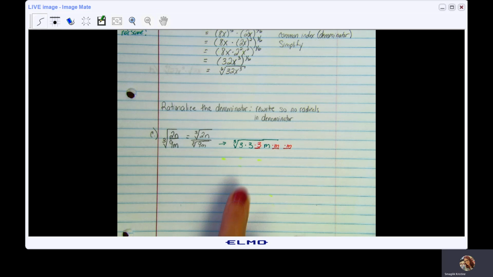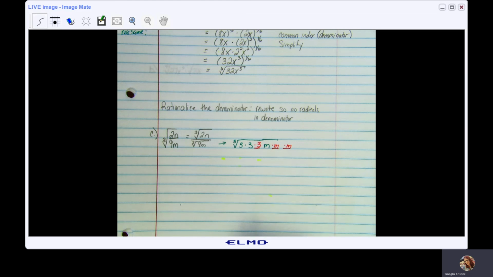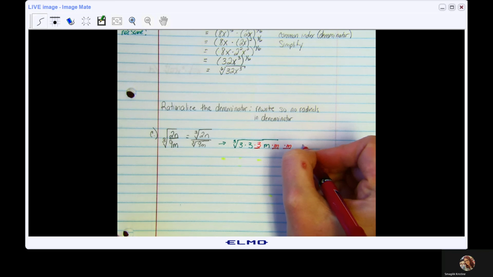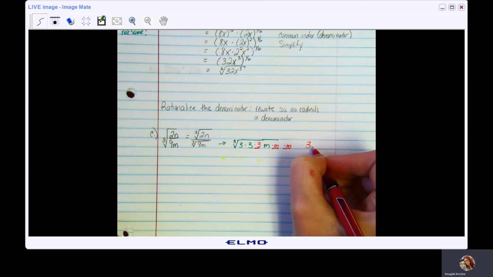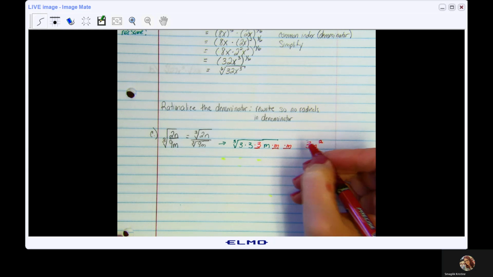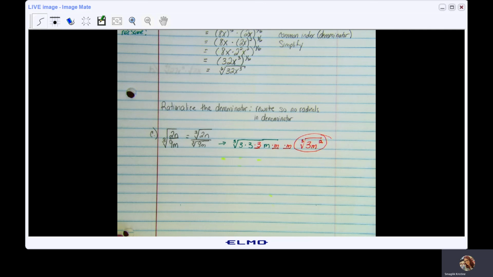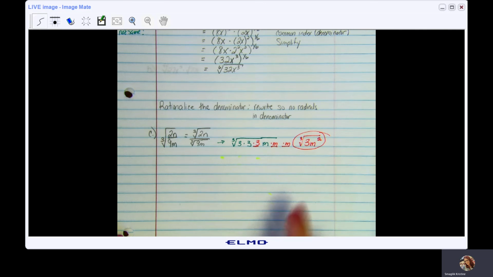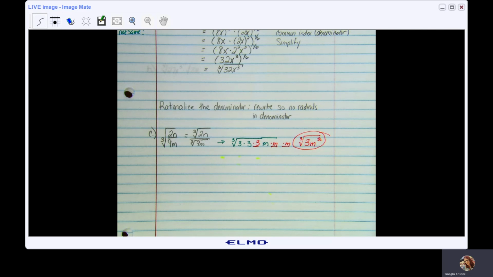To force this into a perfect cube, I would need to multiply by what we have here in red. I need 3m squared, and again, this would be the cube root. This is what I have to multiply my numerator and denominator by in order to get a perfect cube in the denominator.